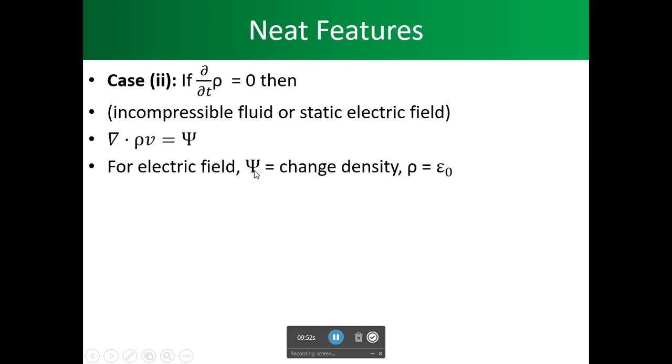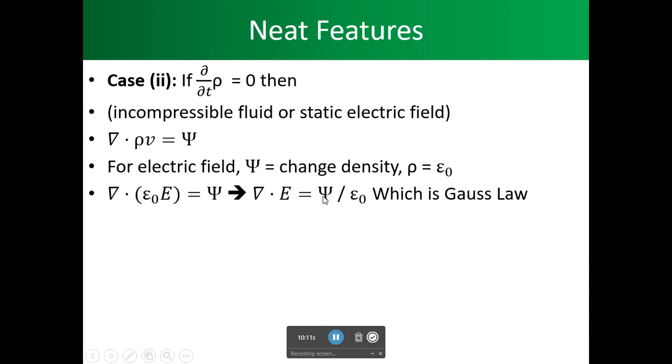and for the electric field, we have this change in density. Now look here, we have the density of epsilon 0. So that means, I think that's for air. Okay. Now notice what we have here.